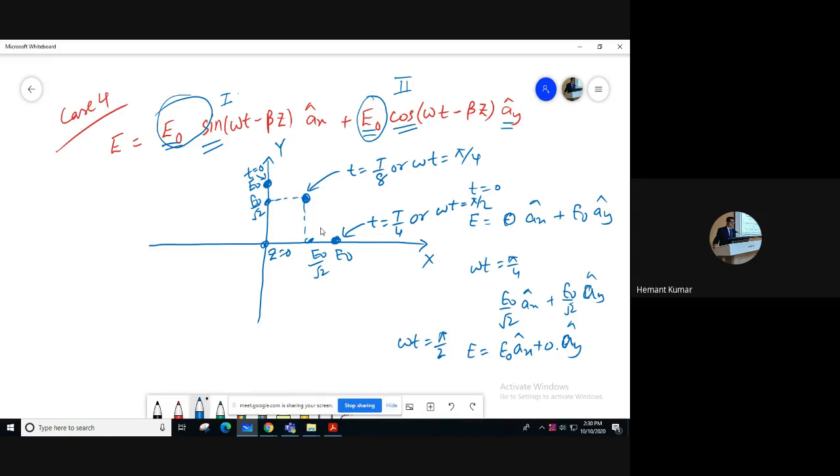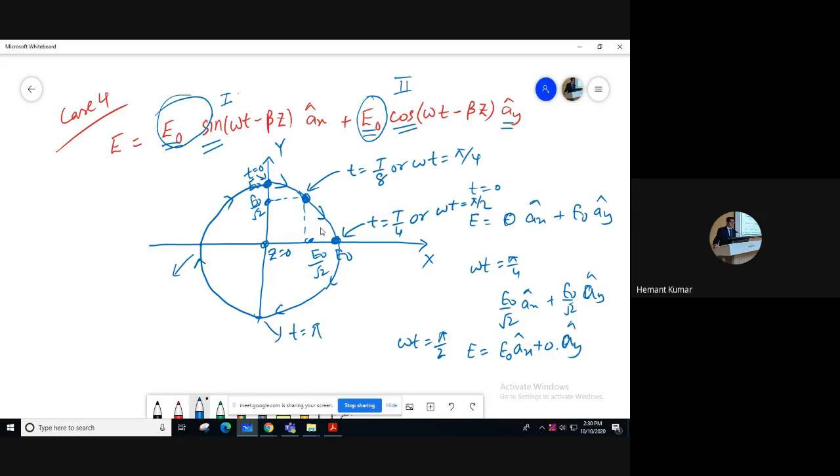Similarly, as you are increasing, you are moving from this point to this point, then this point, and further if you increase, you will move like this. At omega t equal to pi, you will reach here.